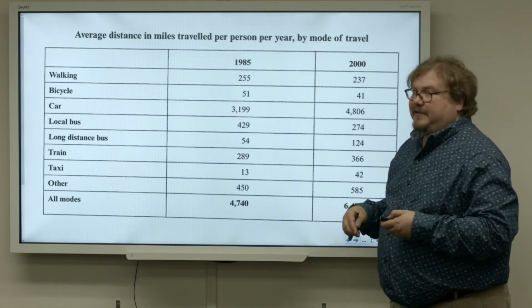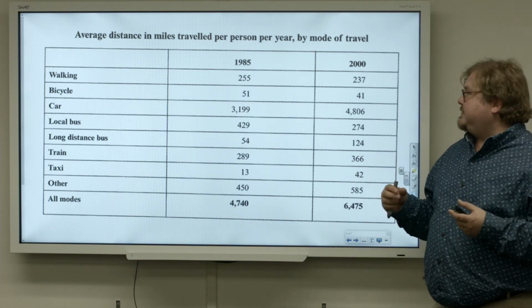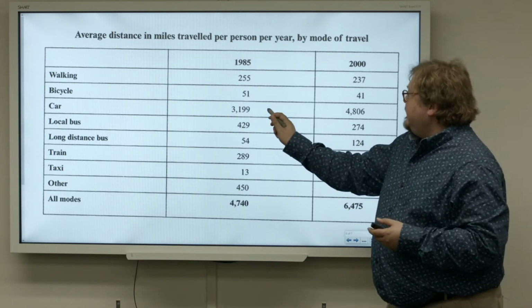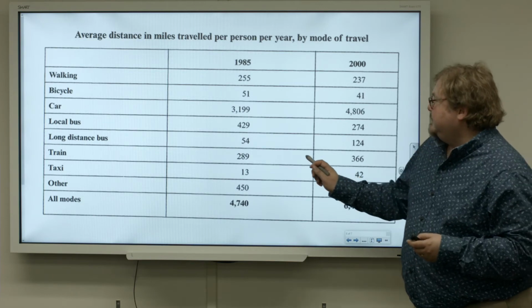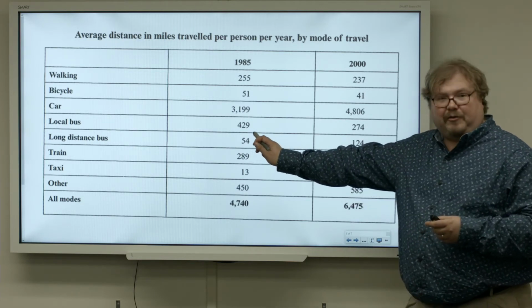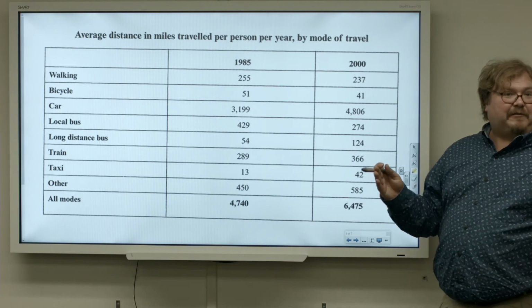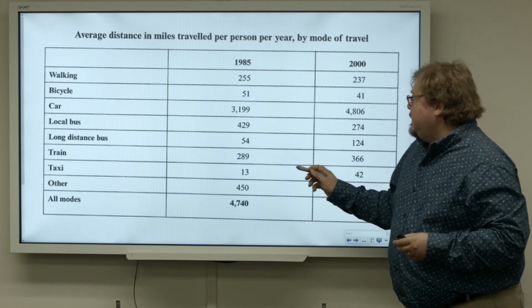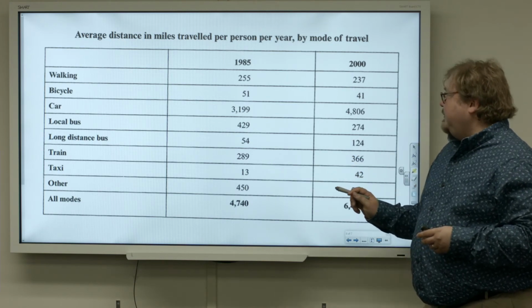If we want to talk about the ones that increased the most, we can put those together too. We see that car increased a lot. We can see that the long distance bus, although the numbers are small, more than doubled. That's a fairly large increase. And we see increases with train as well.